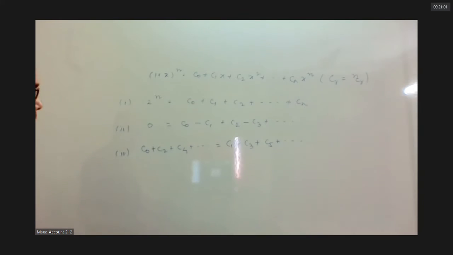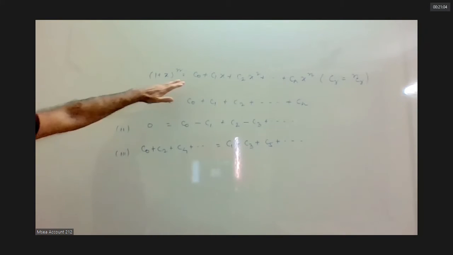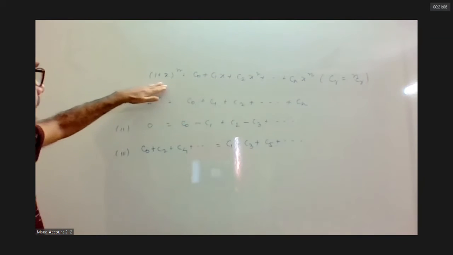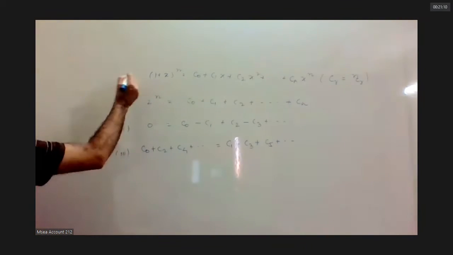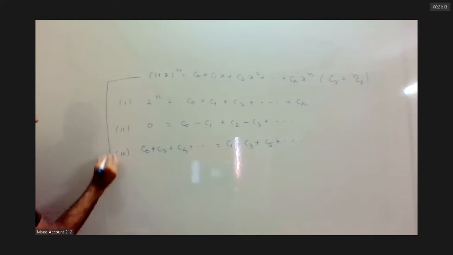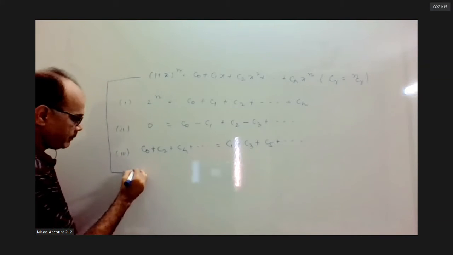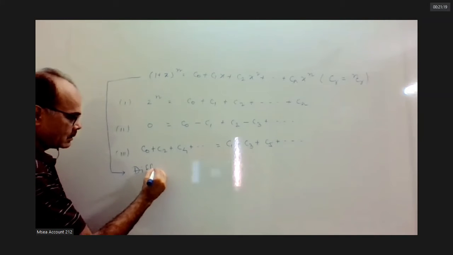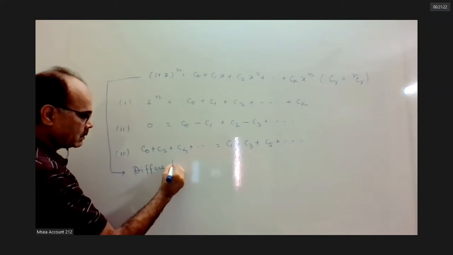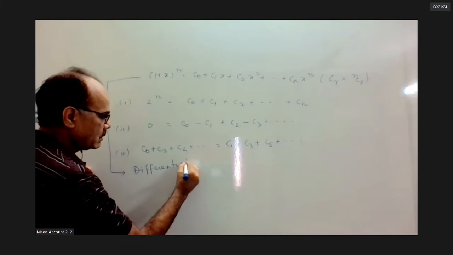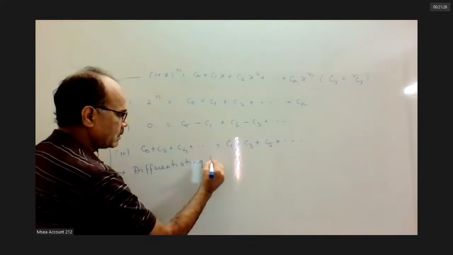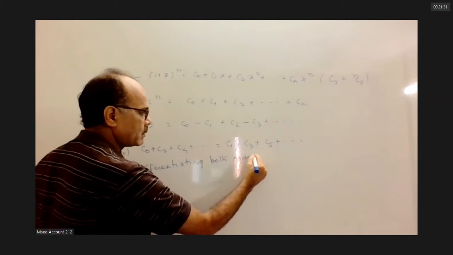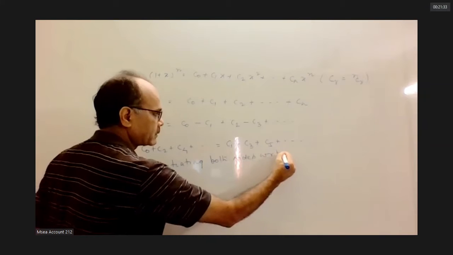Now see, this is an identity. If we differentiate both sides with respect to x, it remains an identity.